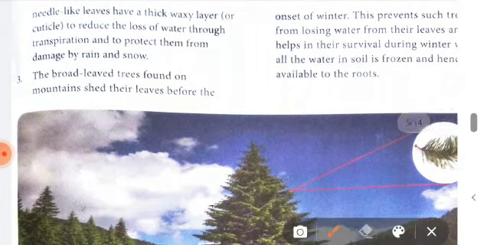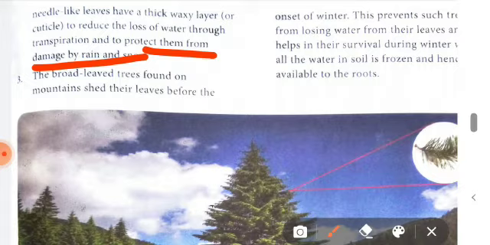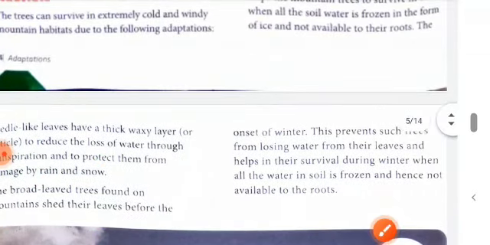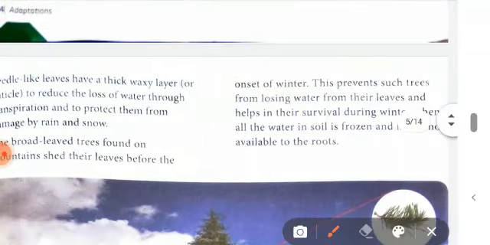It also protects them from the damage of rainwater and the water which is present in that plant. And the broad-leaved trees found on mountains shed their leaves before the onset of winter.